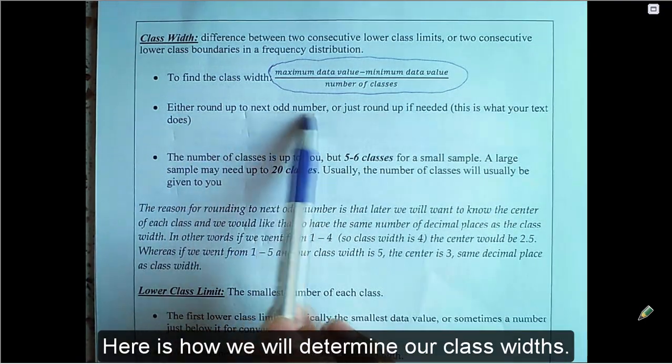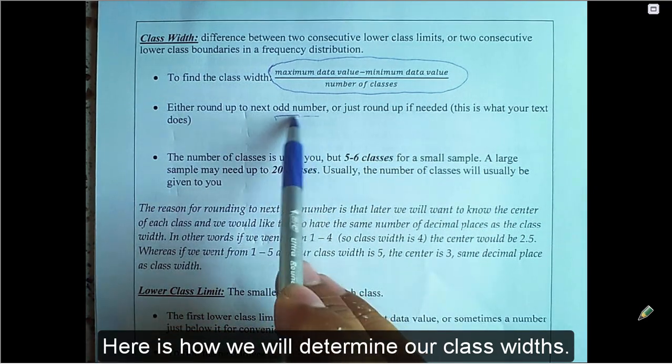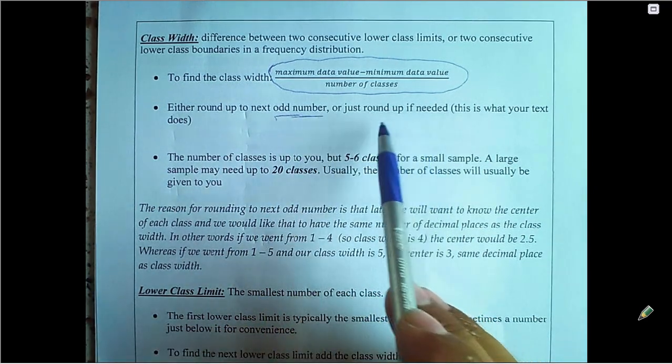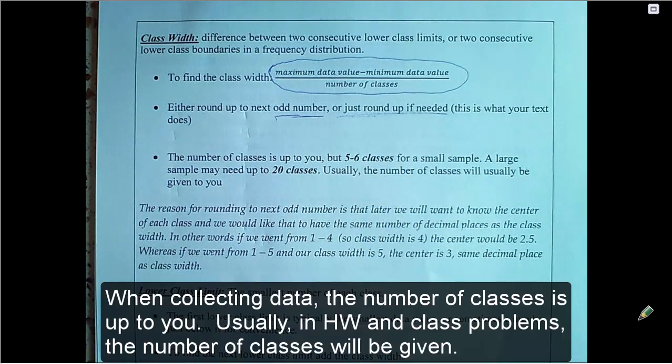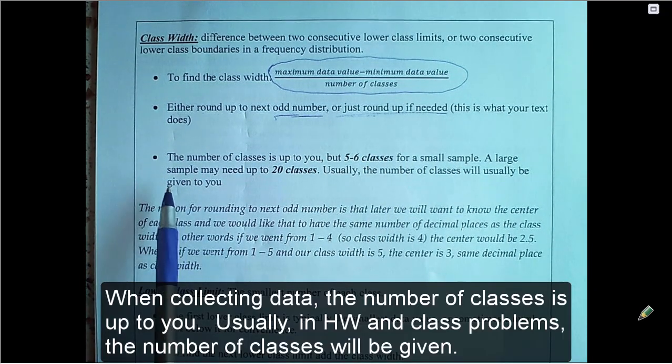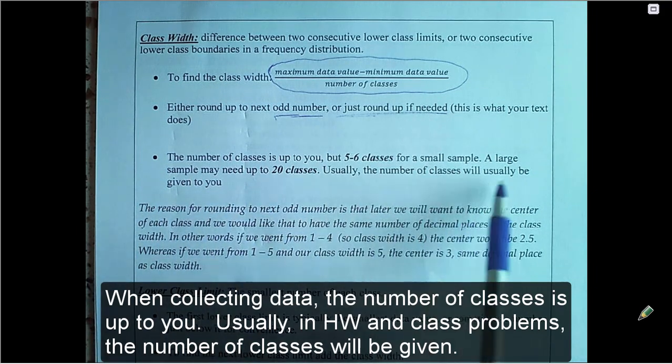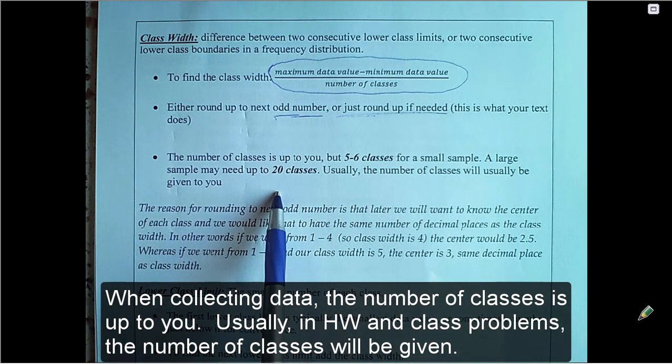Here is how we will determine our class widths. When collecting data, the number of classes is up to you. Usually, in homework and class problems, the number of classes will be given.